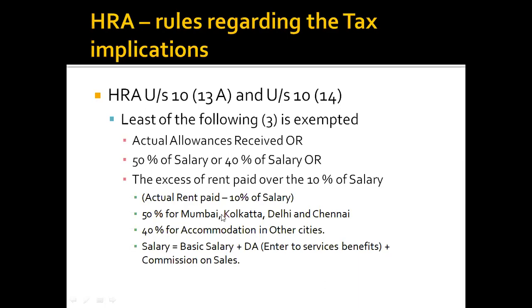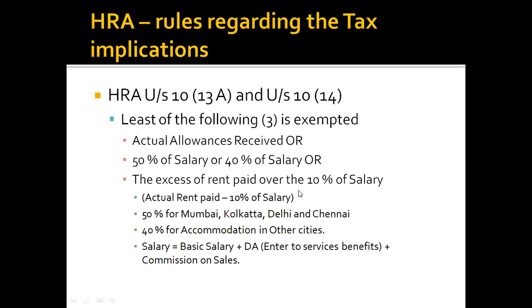Here the 10%, 40% and 50% are calculated on the salary. Salary has various definitions; it includes various components, and all the components put together are taken as salary. For this HRA calculation, salary means basic salary plus DA, and DA only if it enters into service benefits.